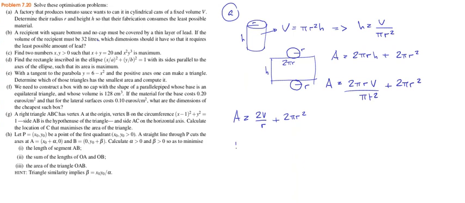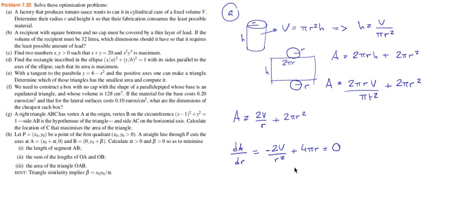So we need to compute the derivative of A with respect to r, which is the only variable here because v is fixed. So this is minus 2v over r squared plus 4 pi r equals 0. This is one of the maximum or minimum.